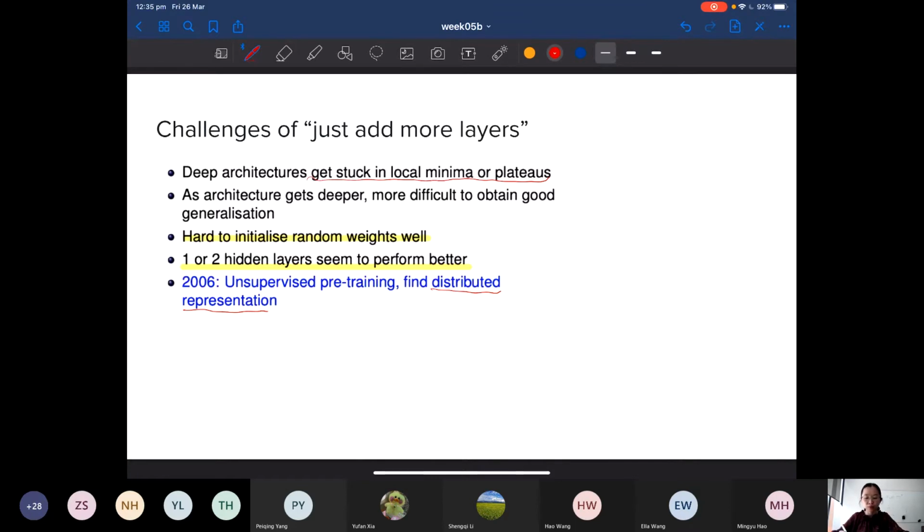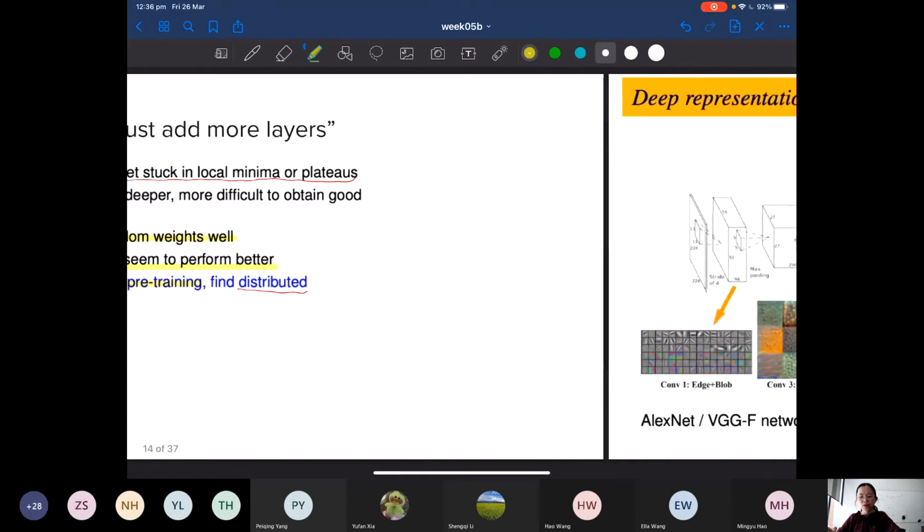So this word doesn't really mean distributed computing. It's another example of overloaded terminology. The secret there is so-called unsupervised pre-training, which involved a lot of autoencoders and related architectures.